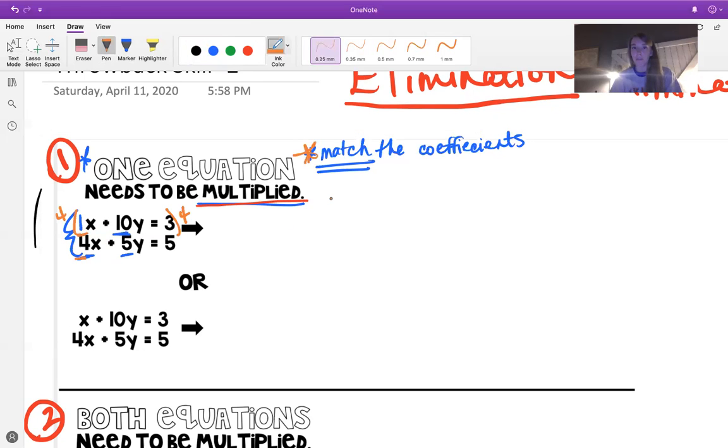Therefore, I have matched that coefficient. Okay, so watch what happens when I do that. So I have to multiply that 4 by everything inside my parentheses and on the other side of my equal sign. So I get 4x plus 40y equals 12. All right, I didn't do anything to the second equation, so it's just going to stay the same.